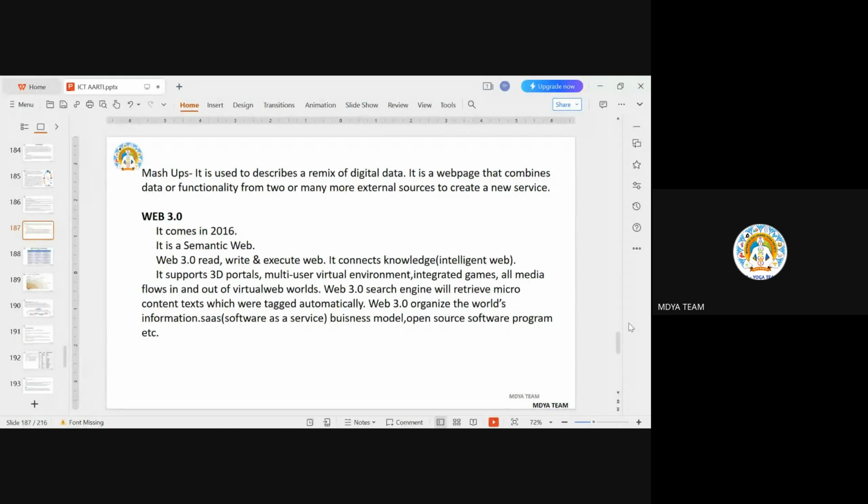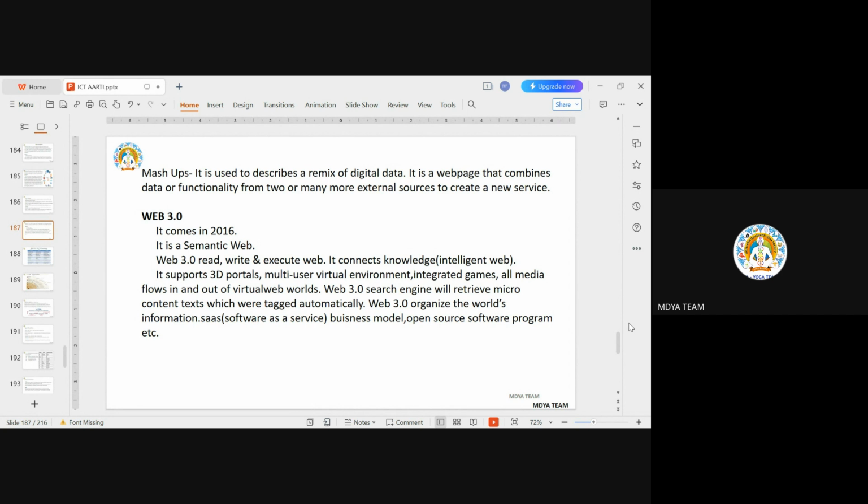For example, I want to purchase some jeans and I am searching for jeans. Automatically, all the websites will show you jeans. Ads will come in front of you about different jeans, so that your mind will demand purchasing the jeans. So that is Web 3.0.